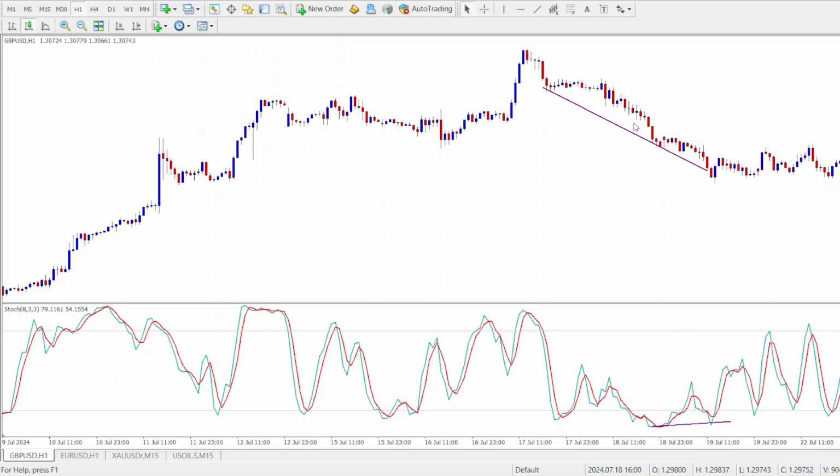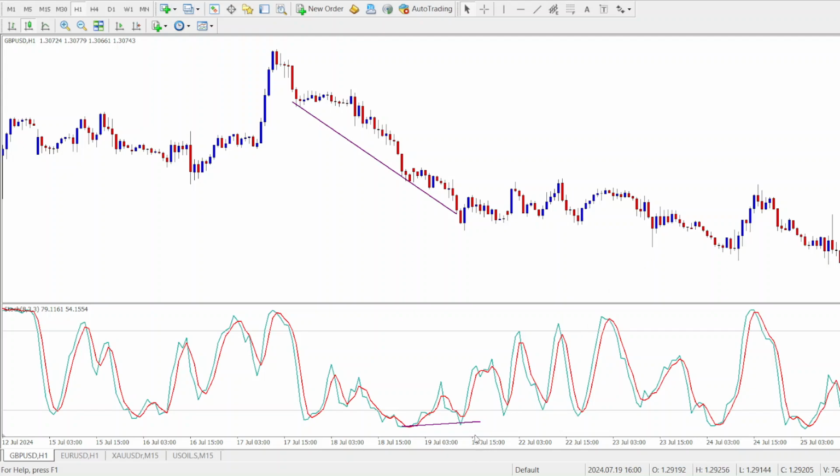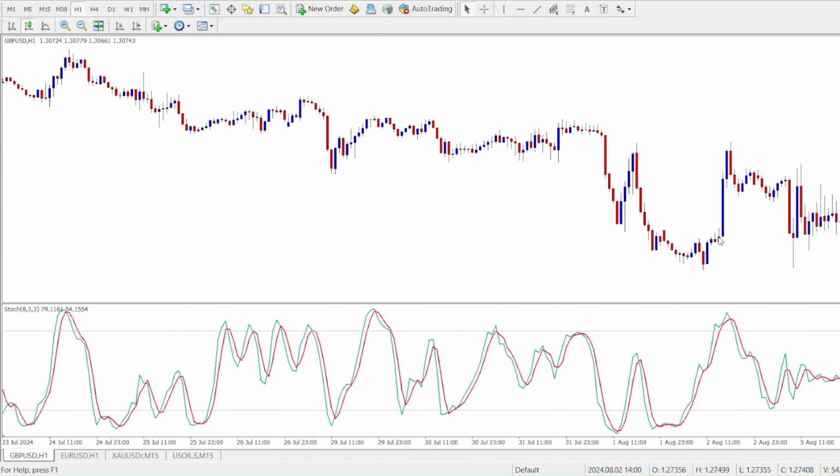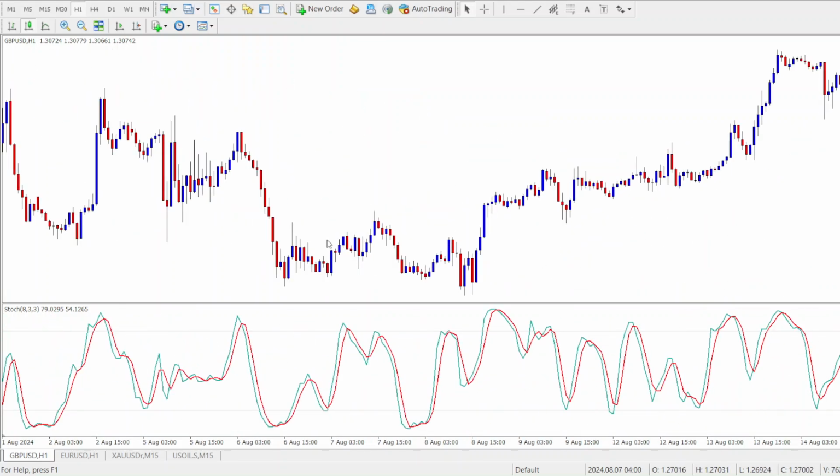Even up to this point, you can see the higher lows continued, but price was forming lower lows, and eventually the sell trend continued all the way down to this place.